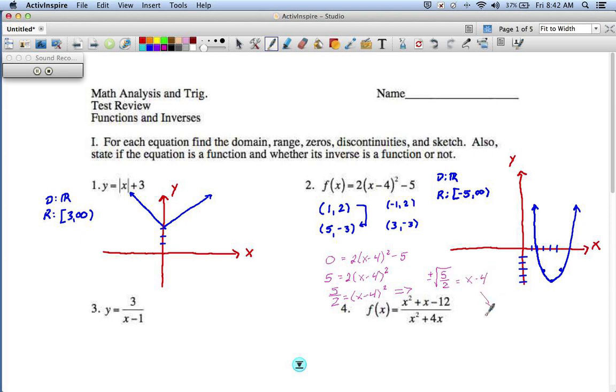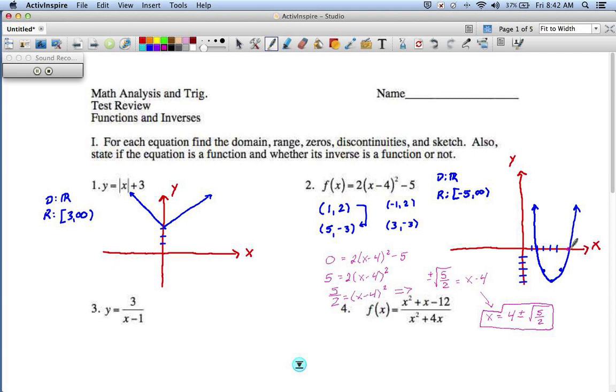So, following the little trail, x equals 4 plus or minus the square root of 5 halves. And of course, if you wanted to put that on a graph, you would want to convert that to decimal form. We have no need to put that in decimal form, though. We have our graph, and it's a sketch, so I don't need to be exact.